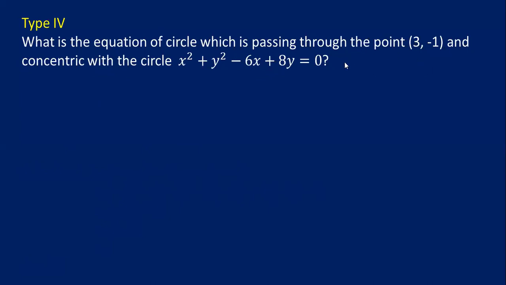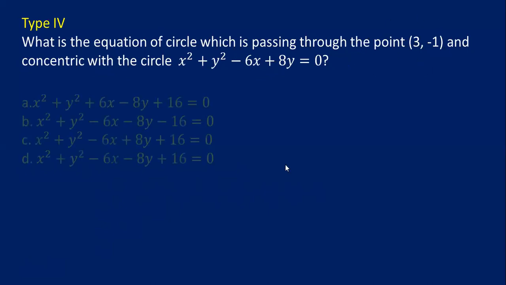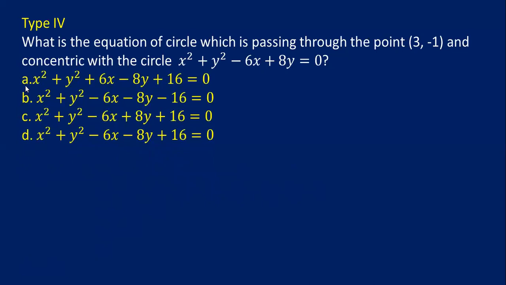We will test the options. Here there are four options, that means A, B, C, D. Now we will test the options similarly. Solution: x² + y² - 6x + 8y + 16.